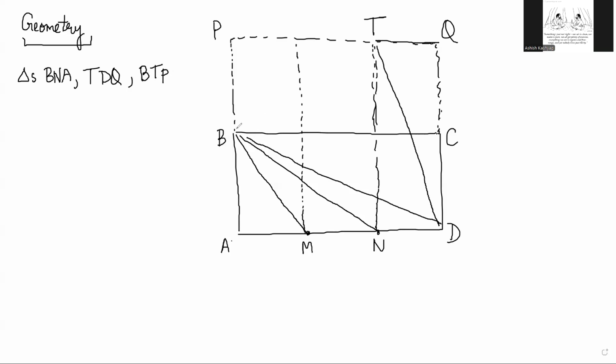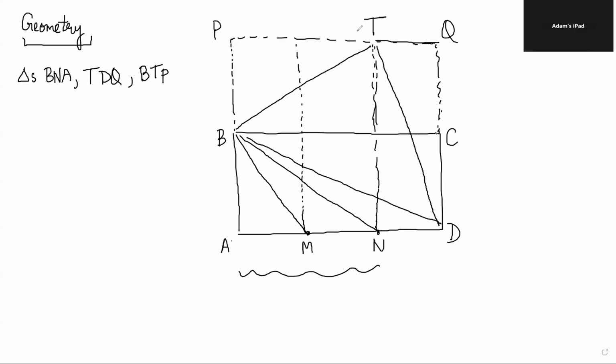So join B and T, and this triangle BTP. These triangles are congruent. Why? Because you can see that the base length is 2/3 of this side, and here also this is 2/3, right?